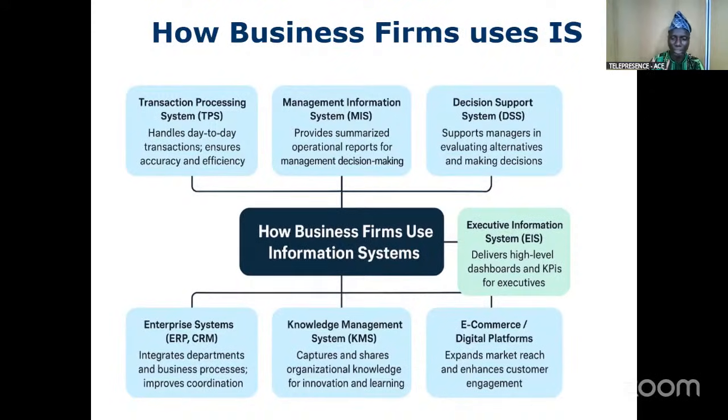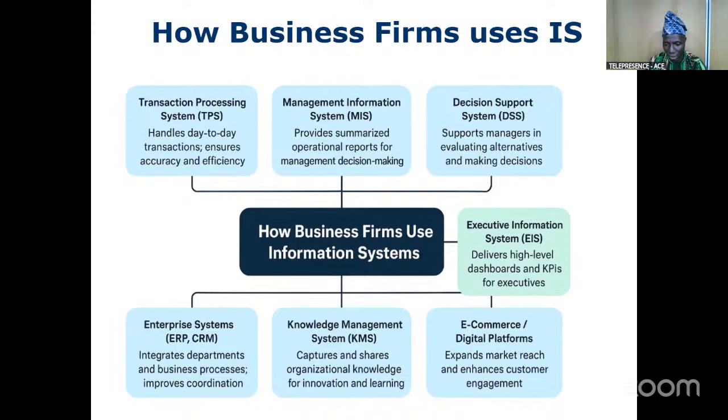Now, this is the summary of what I have said in a pictorial form. How business firms use information systems. I have mentioned the transaction processing system, management information system, decision support system, and enterprise resource planning system.